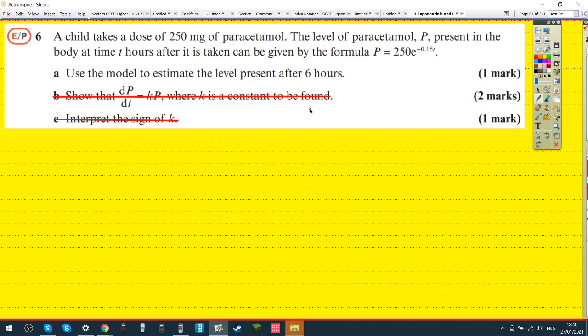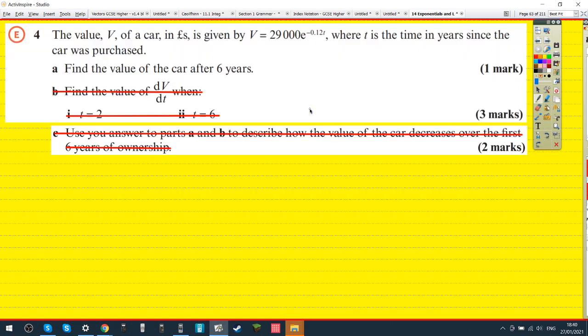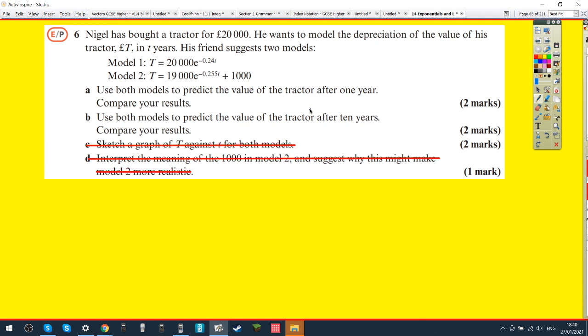Let's see this one. So what would you do with this one? T becomes 6. Yep. Then you just write it down. This one, let me see this one. T is 6. Great.